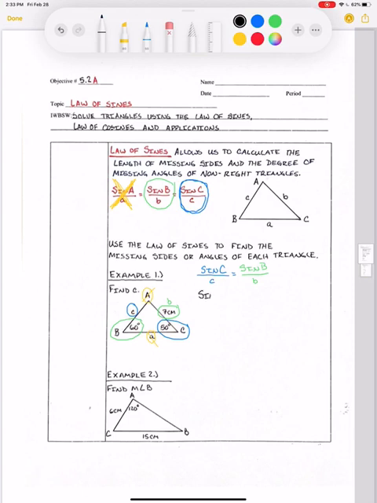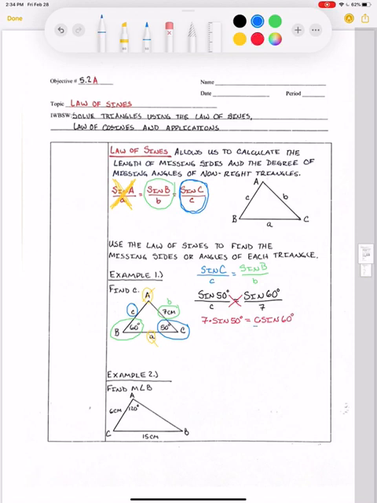So I'm going to plug everything in that I have into that formula. I have the sine of 50 degrees divided by side C equals the sine of 60 degrees divided by 7. And to solve this, I'm going to cross multiply. Boom, boom. 7 times the sine of 50 degrees equals C times the sine of 60 degrees.